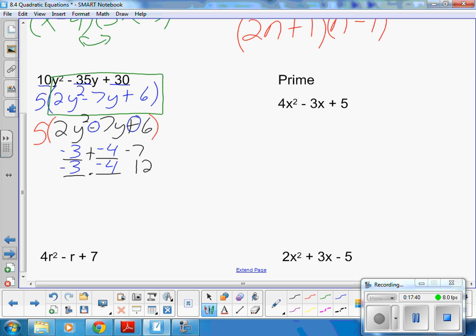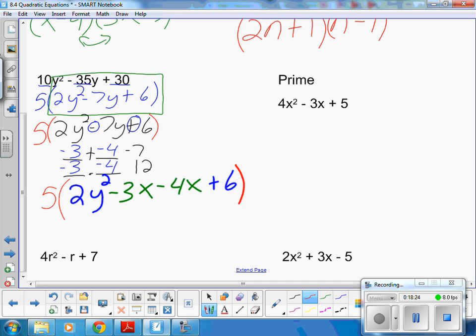So I will have 5 times the quantity 2y squared minus 3y minus 4y plus 6. I split my minus 7y into a negative 3y minus 4y. Don't forget that.